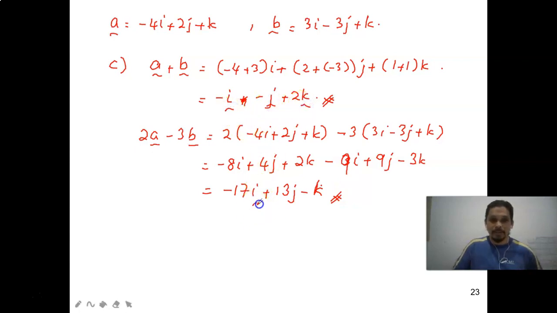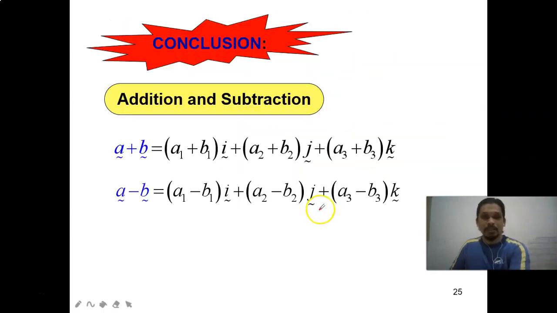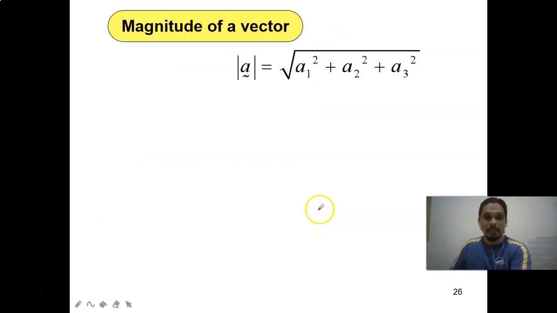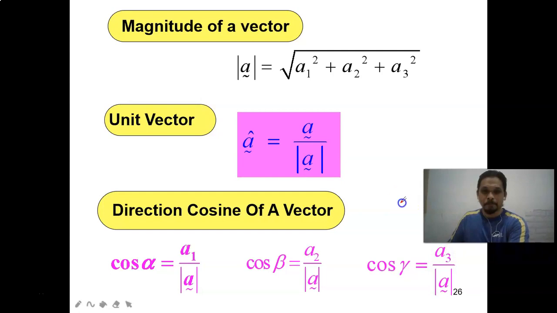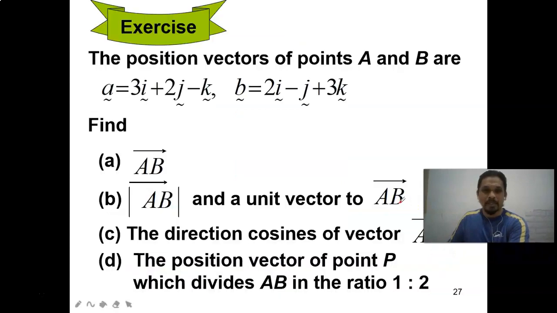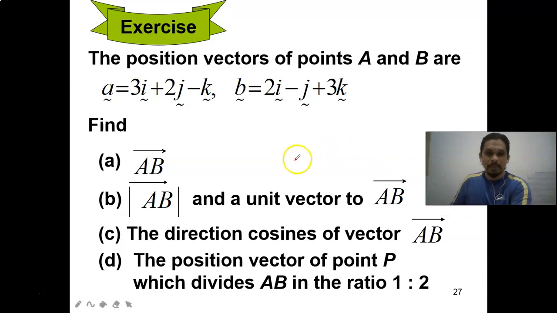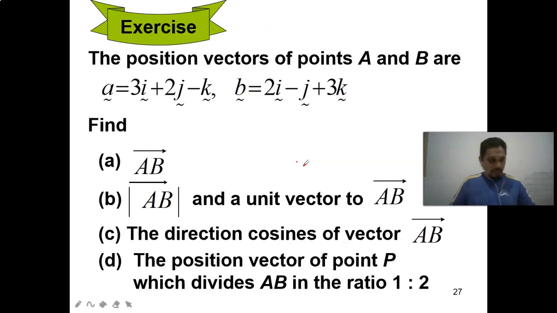Okay, so we go through the sign of the vectors there. The conclusion, as you've seen here now, is the magnitude and unit vector and direction cosines. So there's an exercise for you to try. What if I give you all the final answers of this?